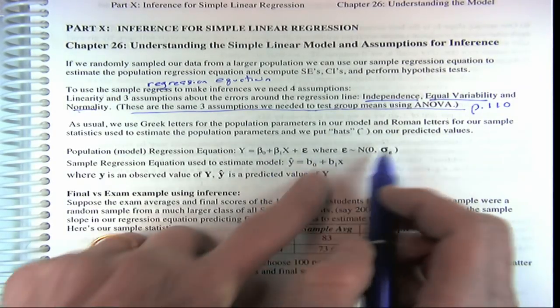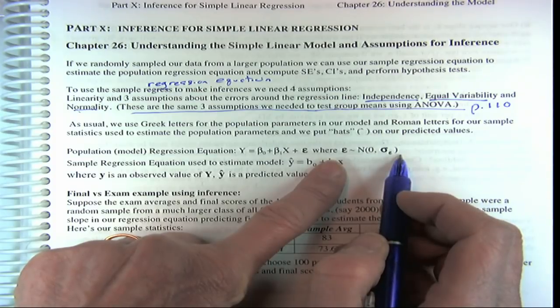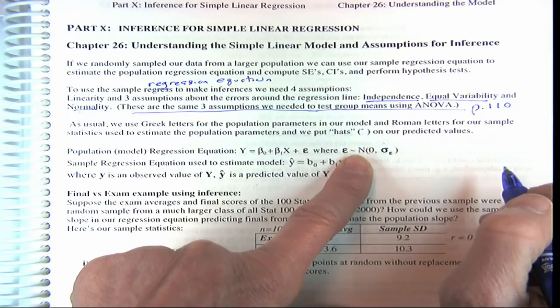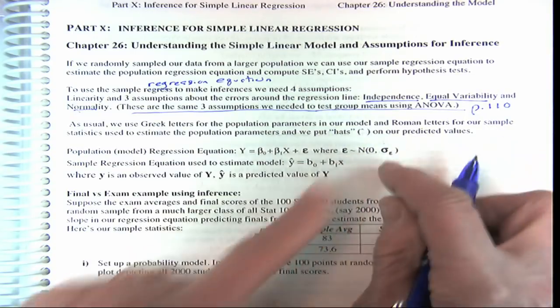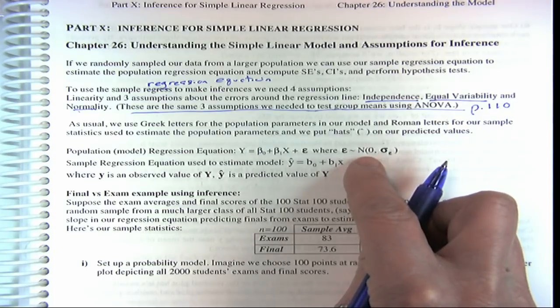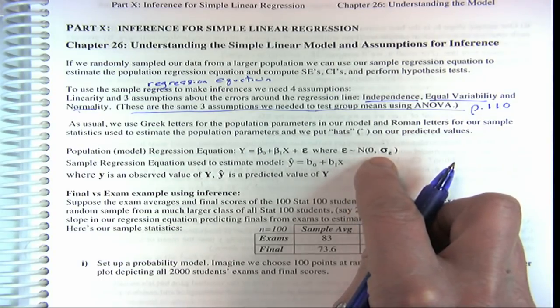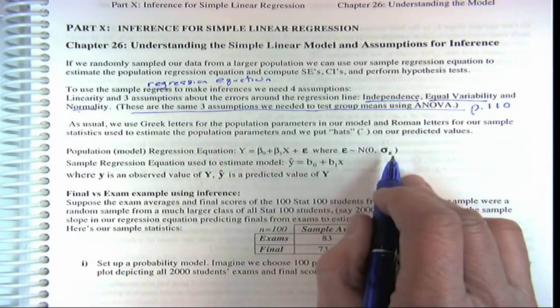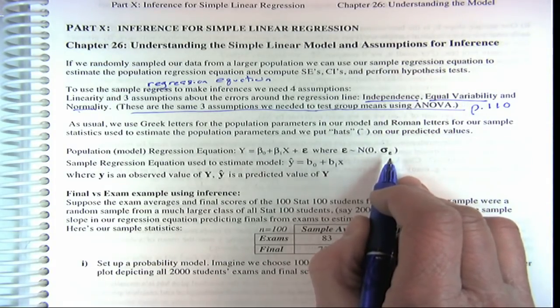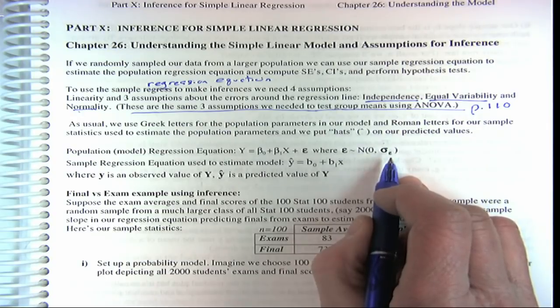And these three assumptions about the errors are that the errors are normally distributed with zero average. You know, the errors around the regression line have an average of 0, and the same standard deviation across all the x's. That's the same sigma, and they're independent.